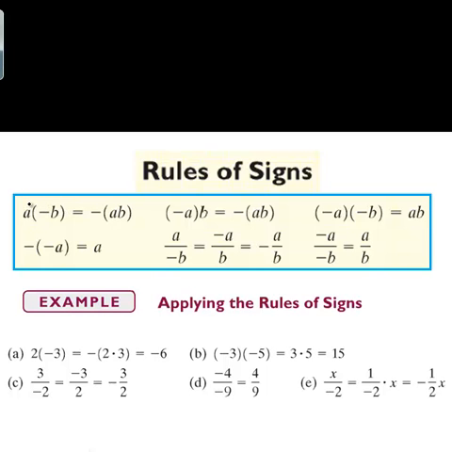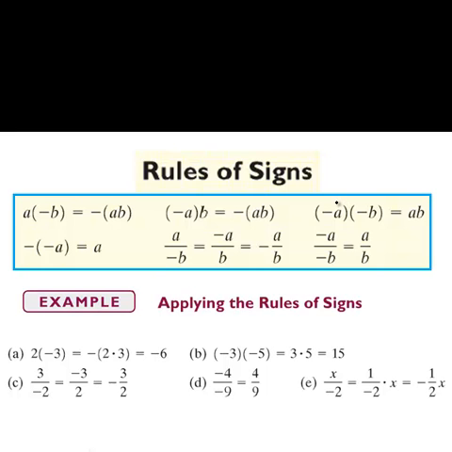You take a number times the negative of some other number, and then you can pull the negative sign out in front. So 3 times negative 5 is the same thing as the negative of 3 times 5, which is negative 15, for example. Same sort of discussion over here.